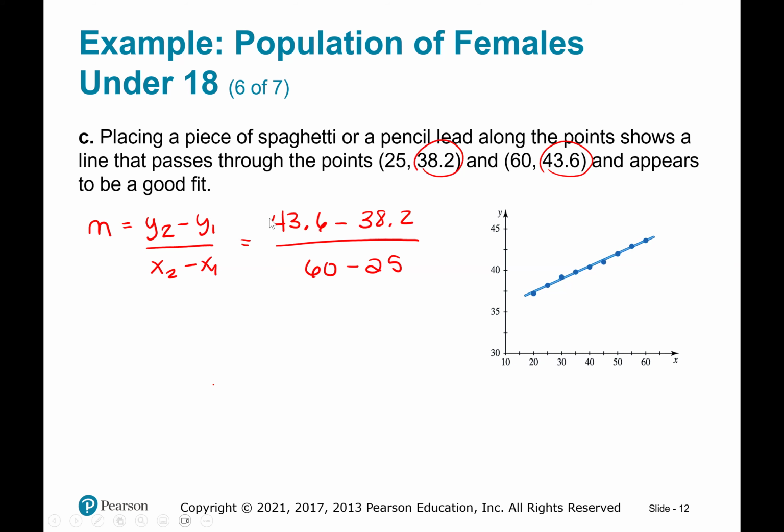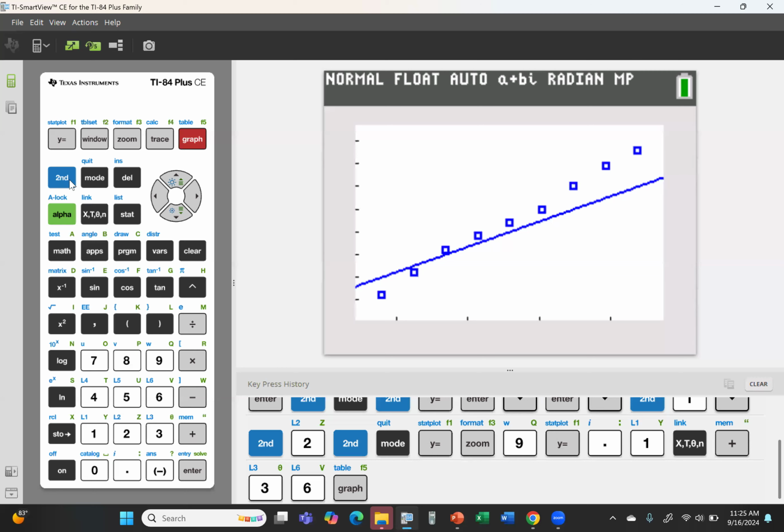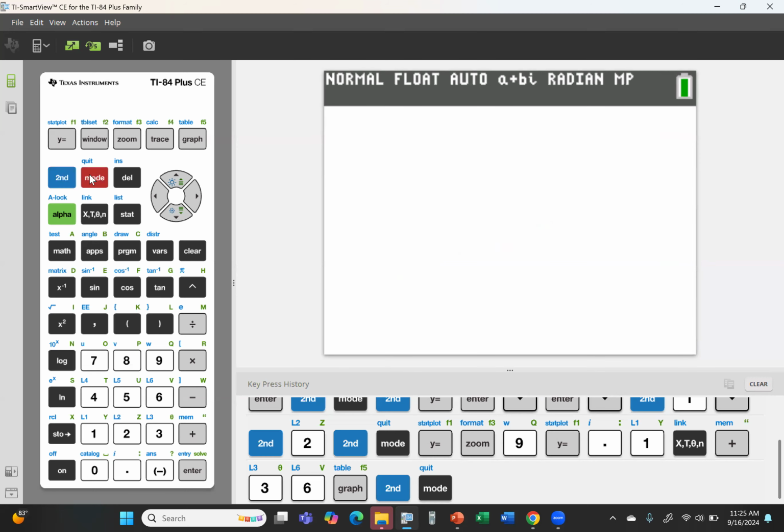Okay. And I'm just going to use my fraction button, although I could also use parentheses. Let's do it with parentheses just for practice. So I'm going to divide that 43.6 minus 38.2 by the 60 minus 25. So I'm going to use parentheses. So I have 43.6 minus 38.2.